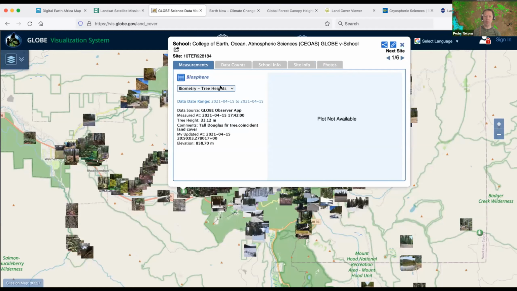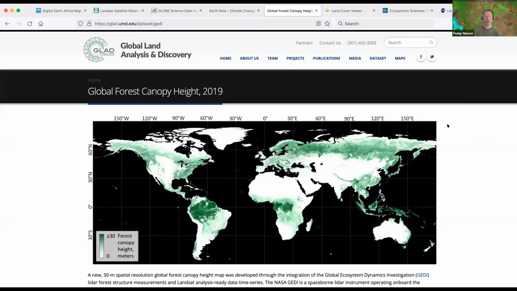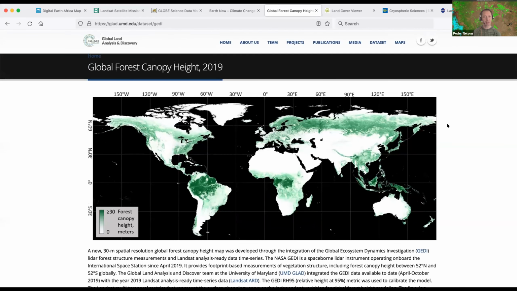And so what I really appreciate about the GLOBE database is that if you do this right for a location, a pixel, you will have atmosphere, biosphere, hydrosphere, and pedosphere all described in that location. And if you don't have that information, that's really when we have to turn to somebody else who made those measurements. And that is where we end up going to places like maps or products that scientists have made.